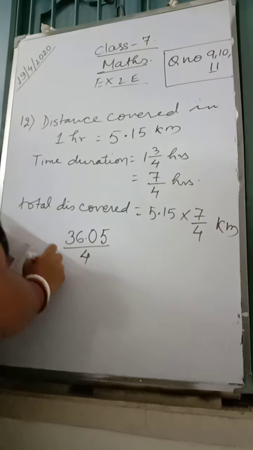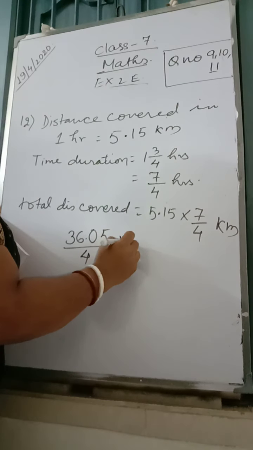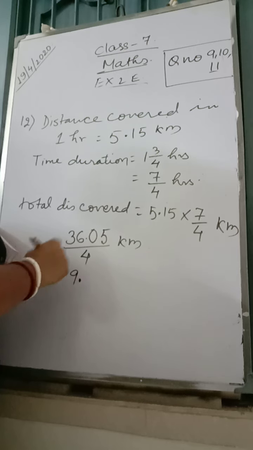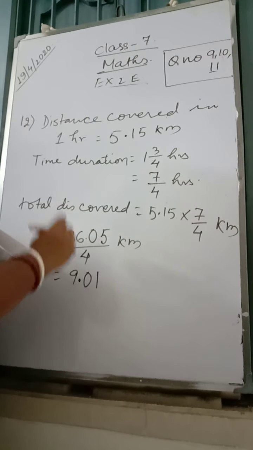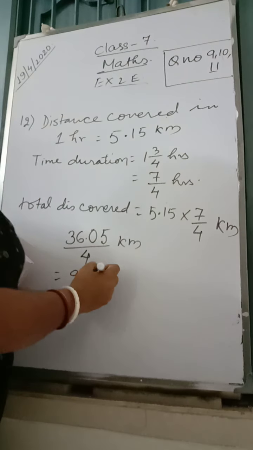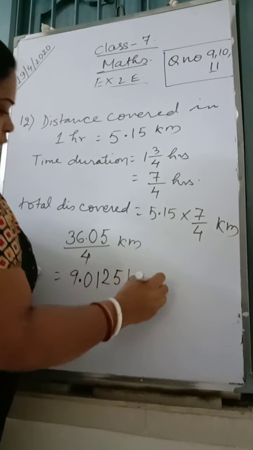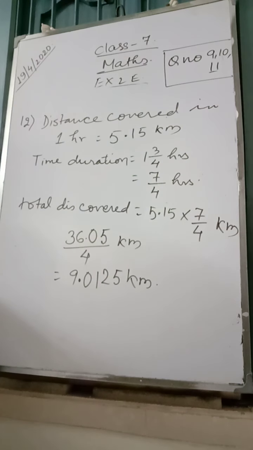Now I am going to divide it. 4 9s are 36, then there is a decimal, give the decimal, 0 0, 4 1s are 4, okay, remainder 1, 4 2s are 8, 4 5s are 20. If you divide, you will get this. 9.0125 kilometers will be covered.